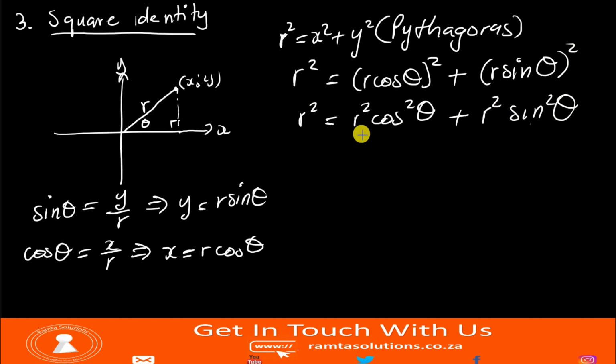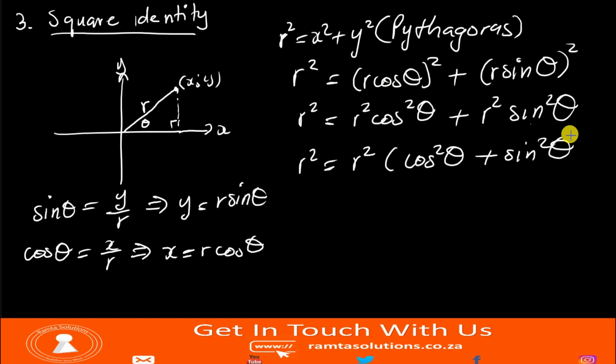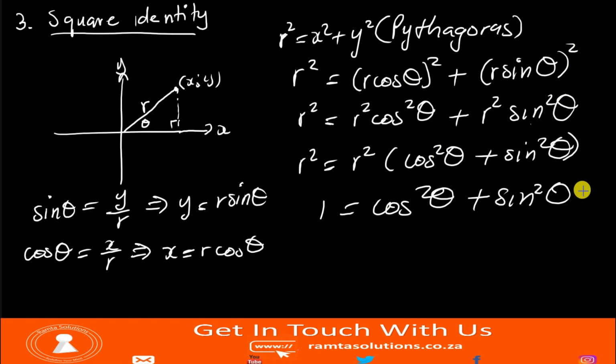Now, as you can see, on the right hand side we have a common factor r squared. We will be left with cos squared theta plus sine squared theta. So we can divide by r squared throughout. We will therefore be left with 1 equals cos squared theta plus sine squared theta. Right? 1 equals cos squared theta plus sine squared theta.